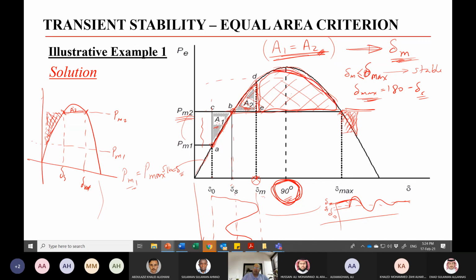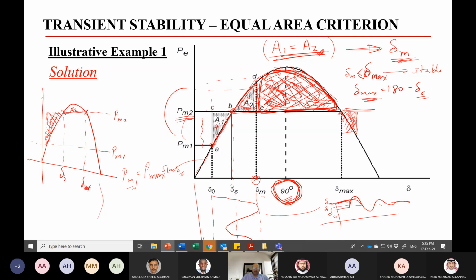So you have here the stability margin represented by this area. As you can see, we still have enough deceleration area, so the machine can be exposed to a bigger value of P mechanical 2 without losing stability.